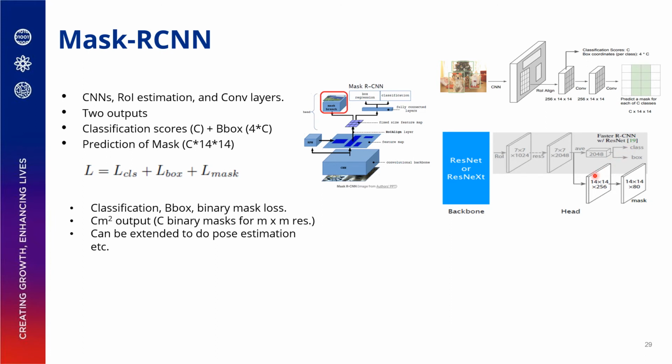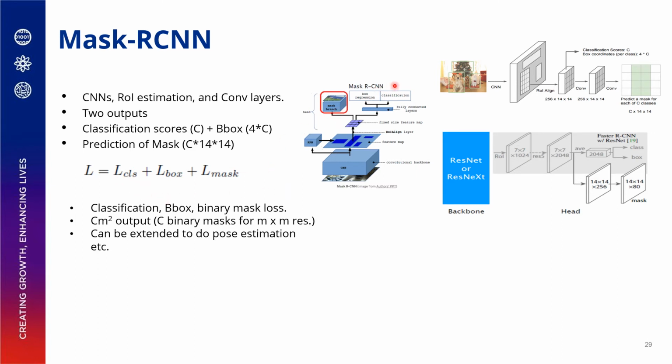In this case over here, you have a separate head that will output 14 by 14 by 256, followed by another convolution block that outputs the final mask, which is 14 by 14 by 80. The loss that is used over here is a combination of three losses.